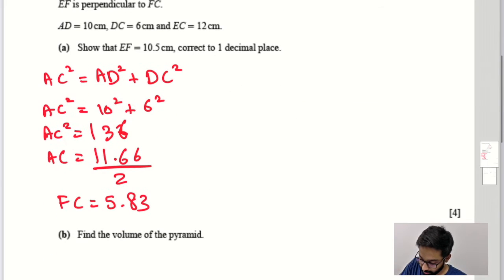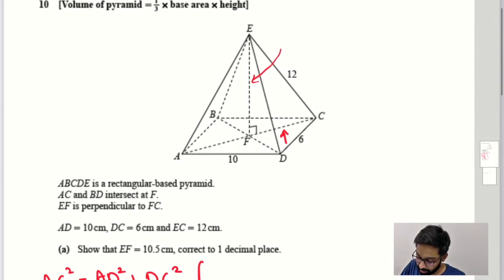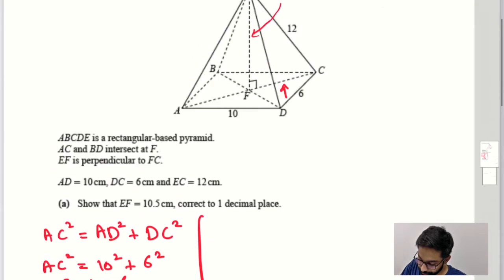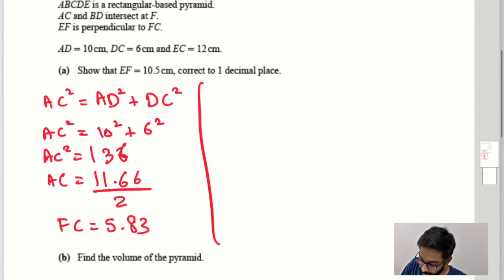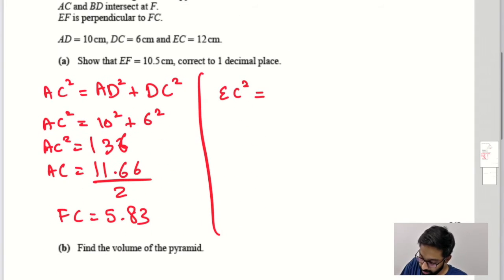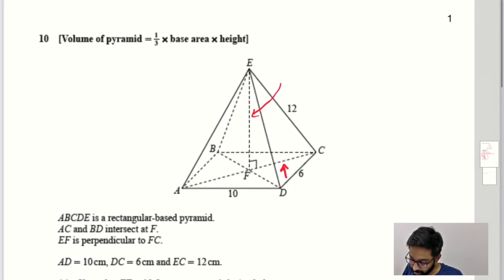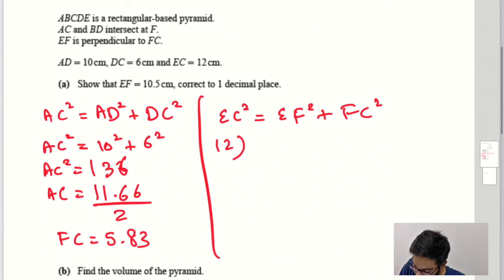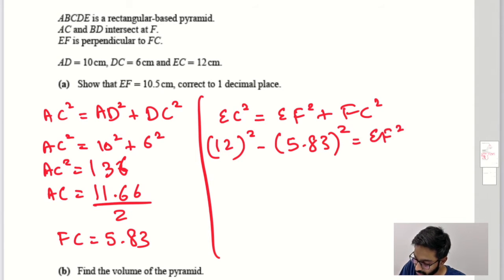Now we use the Pythagoras theorem to find EF. So EC squared is equal to EF squared plus FC squared. We can also write EC squared minus FC squared equals EF squared. So let's directly do that. EC is 12. 12 squared minus 5.83 squared should be equal to EF squared.